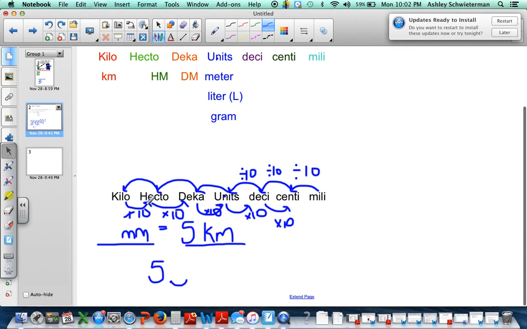And ironically, look which way the arrows are going. They are going to the right. And we are moving to the right 1, 2, 3, 4, 5, 6 times. So we start at our decimal place. 1, 2, 3, 4, 5, 6. Put a decimal point, and I would fill in my zeros.